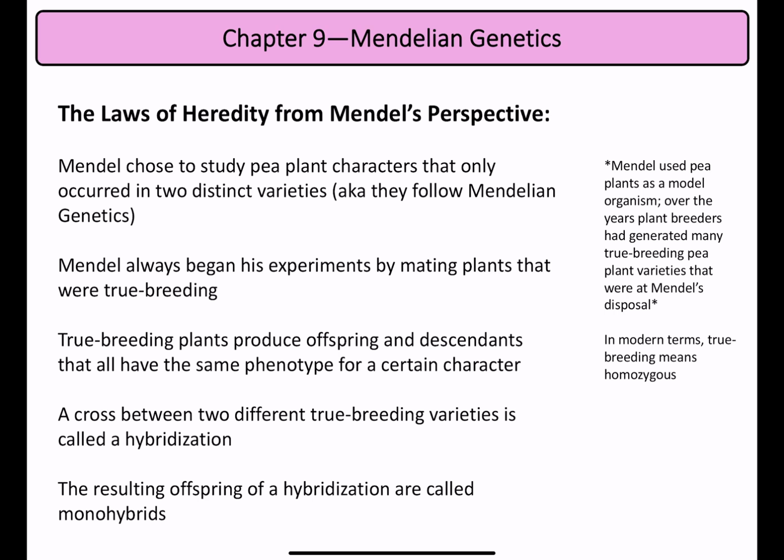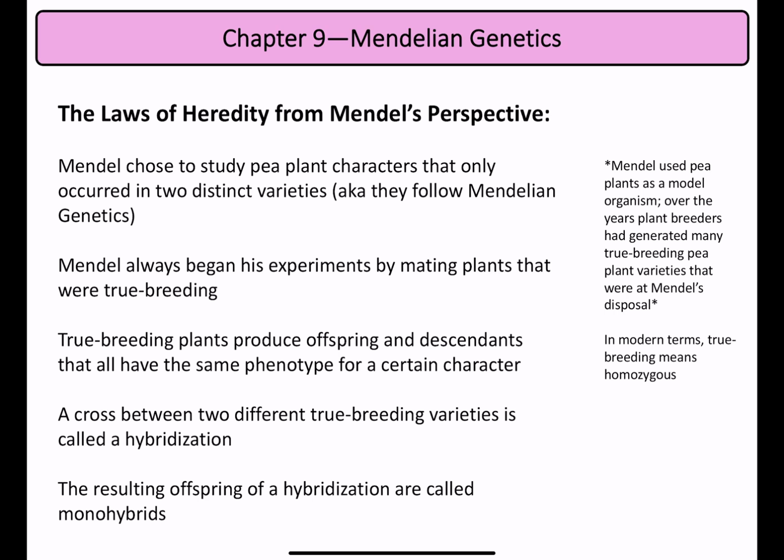And to start his experiments, he always started with pea plants that were considered to be true breeding for these traits. So if we're talking flower color, he made sure that he had true breeding purple flowered pea plants and true breeding white flowered pea plants.